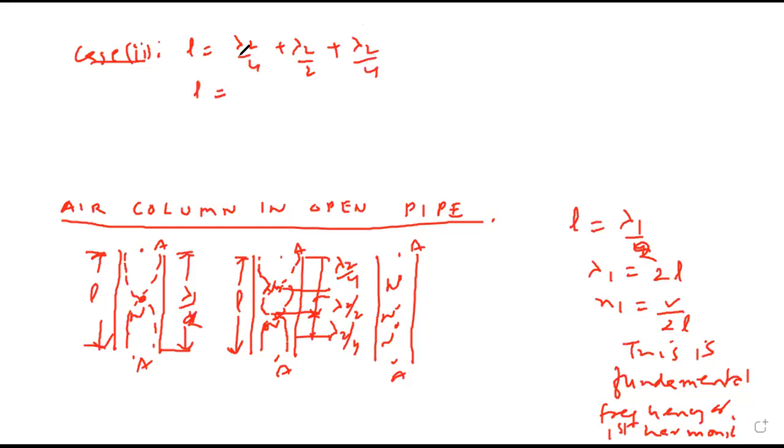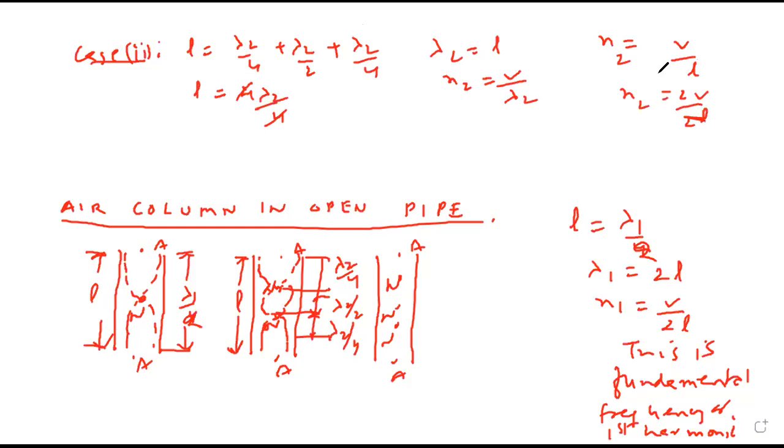That will become 4 lambda 2 by 4. That means lambda 2 is L. Frequency is V upon lambda 2. It will become V upon L. Multiply by 2 and divide by 2. So N2 equals 2 times fundamental frequency. Just draw the diagram and copy this case 1, case 2.